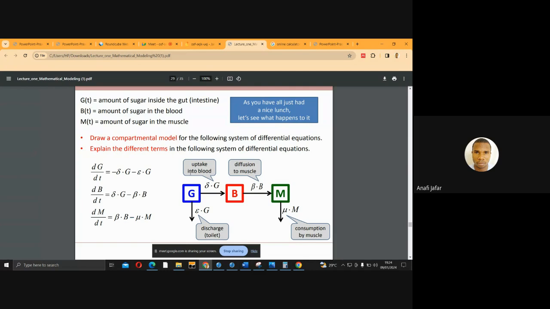So for you to use somebody's name, you need permission. Can I use you as an example? Or let me use another thing. Let's assume that Abdul had a certain amount of blood, and let's assume there's a certain amount of food in the intestine.